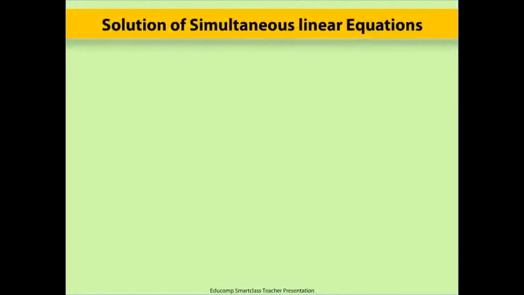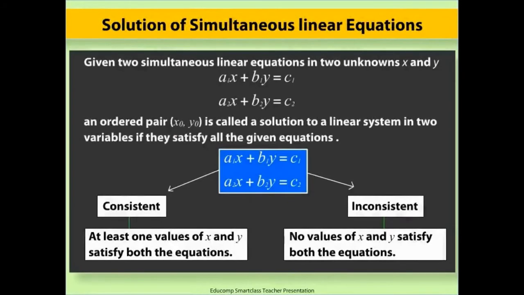Solution of simultaneous linear equations. Given two simultaneous linear equations in two unknowns x and y, a1x plus b1y is equal to c1, a2x plus b2y is equal to c2, an ordered pair (x0, y0) is called a solution to a linear system in two variables if it satisfies all the given equations.